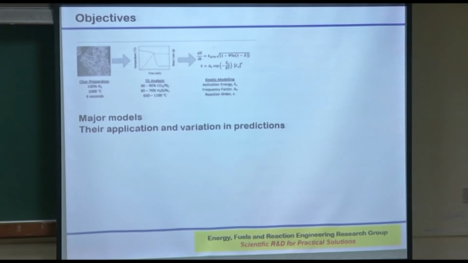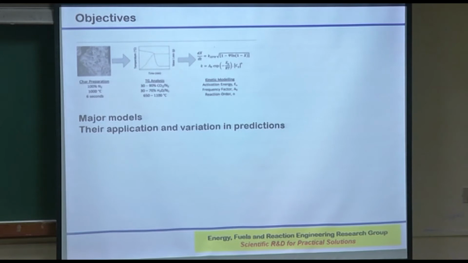I wouldn't say that 1000 degrees and 6 seconds is the condition that you will use in a commercial gasifier. No. In the commercial gasifier, what I showed in the subsequent lectures, for complete carbon conversion of ours, you need about 1200 to 1300 degrees centigrade for 7 seconds.